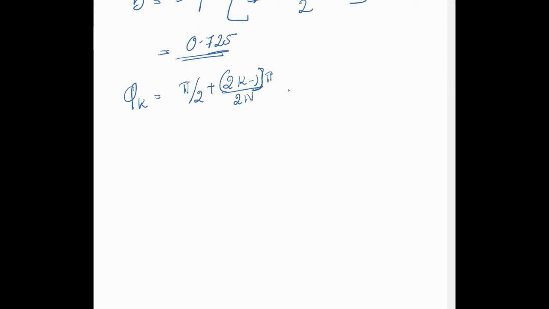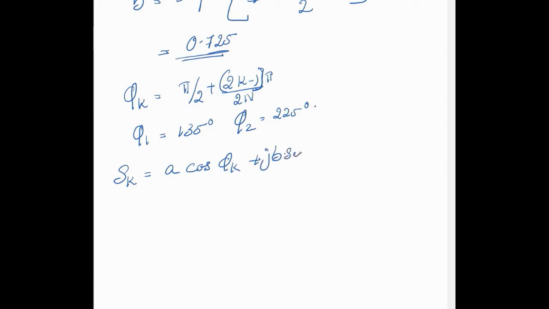You will get phi 1 is equal to 135 degrees and phi 2 is equal to 225 degrees. Substituting the value in sk is equal to a cos phi k plus j b sin phi k.